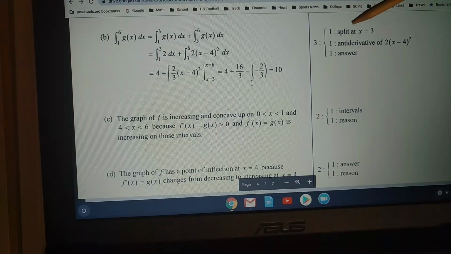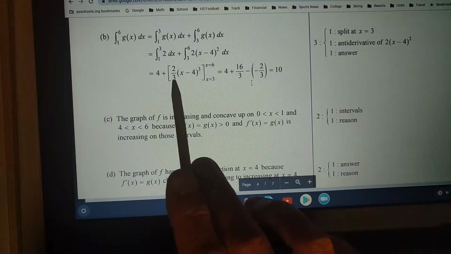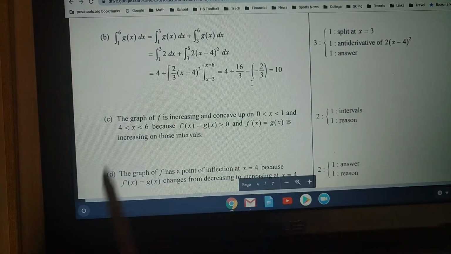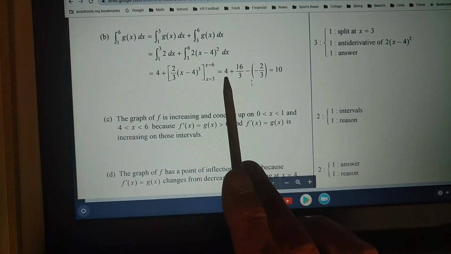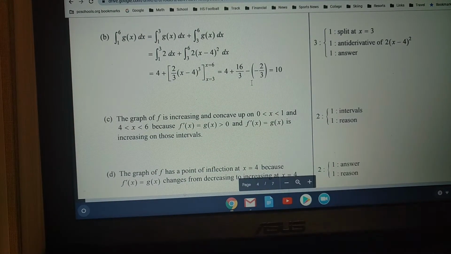That gets you 1 point. If you correctly get the antiderivative of 2 times x minus 4 squared, so if you get this in these brackets here, you get another point. And then if you know how to evaluate everything correctly and get to this, which reduces to 10, you get your third point.